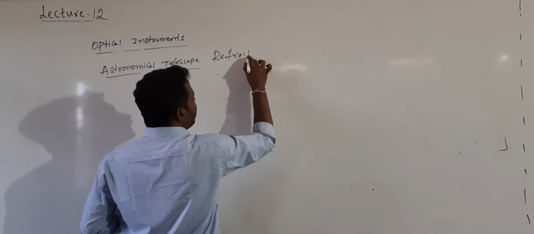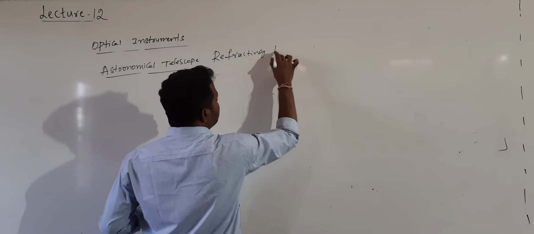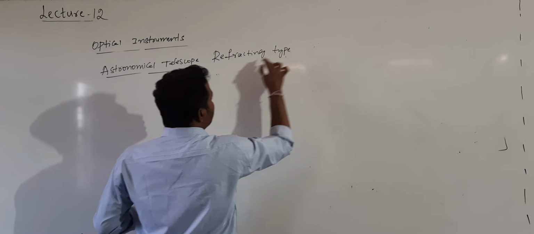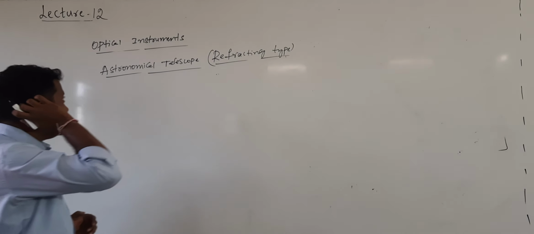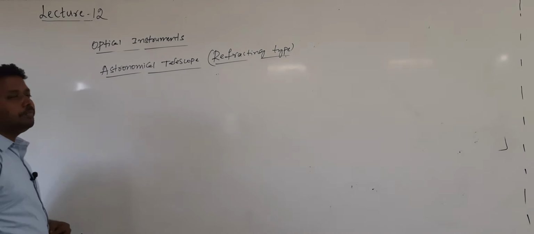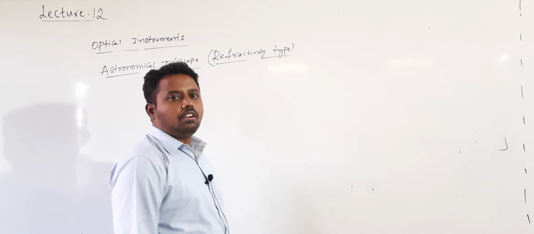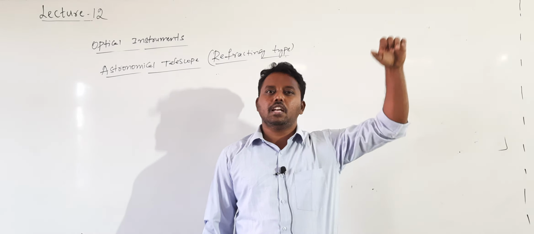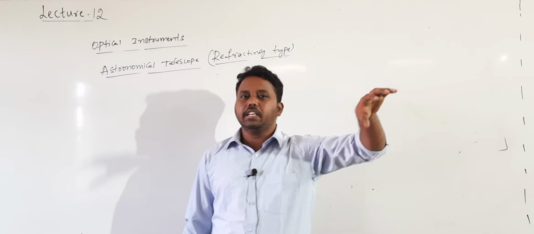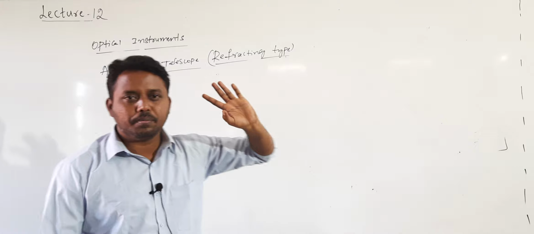Okay? So what is the main purpose of this telescope? A telescope is used in order to see far objects like stars and other astronomical objects. In order to see them, we will use this telescope.